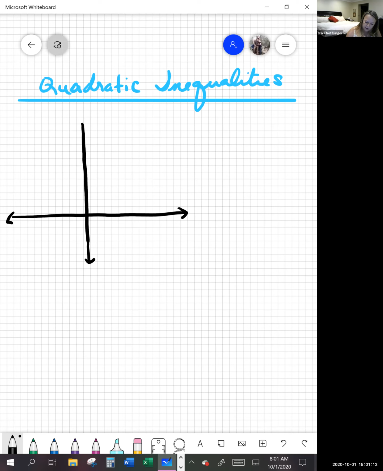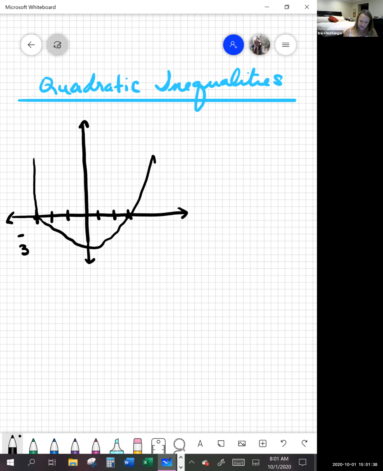So maybe we have a parabola and it's facing up. We have a point at -3, 0, and a point at 3, 0. And it looks something like that.